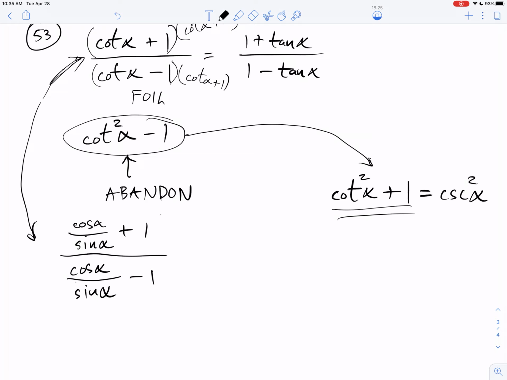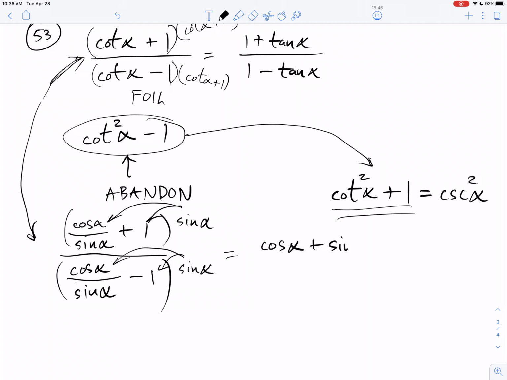Double fractions are not the enemy sometimes, but how would I clean up this double fraction? I could multiply the entire top part by sine alpha, and the entire bottom part by sine alpha. In the first part, the sine alphas cancel, and I get this statement. In the bottom part, the sine alphas cancel, and I get this statement.